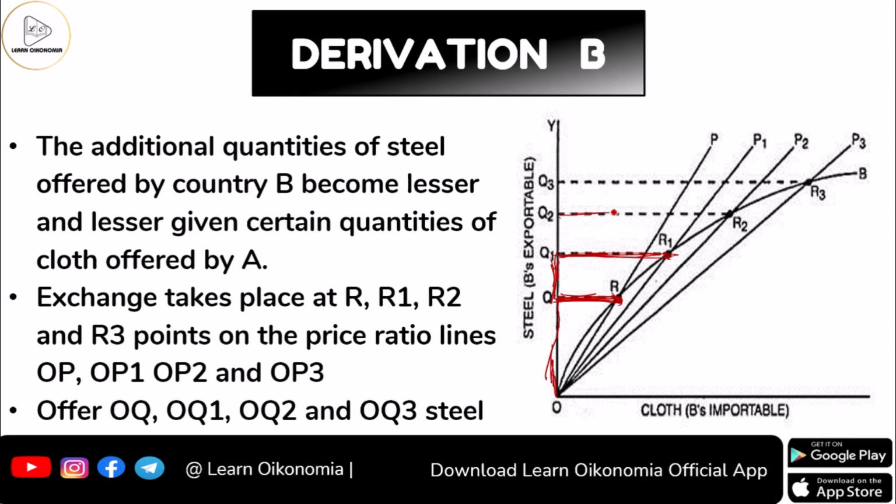Here you are trading Q2R2 of cloth for Q2O of steel, and here Q3R3 cloth for Q3O or OQ3 of steel.